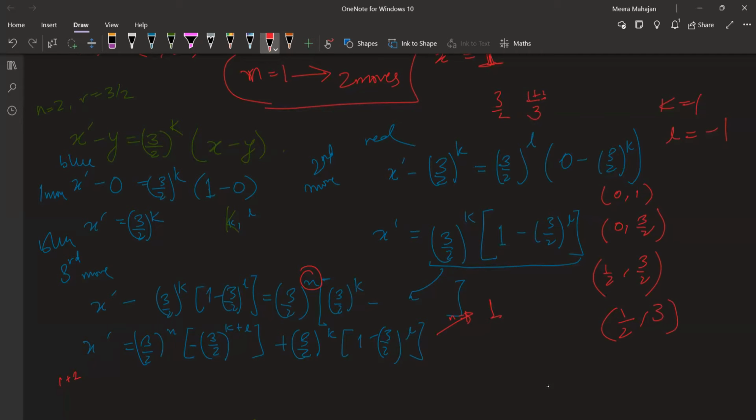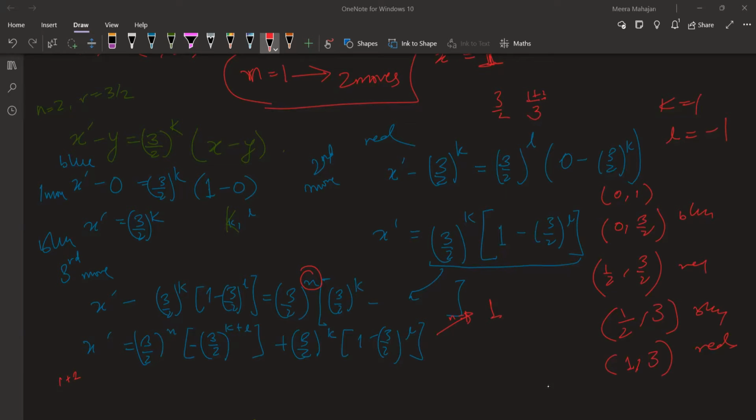Like we moved on the blue bead, then red, blue, and now we again move on the red bead and pick minus 1, I think, again, and you get to 1 comma 3.